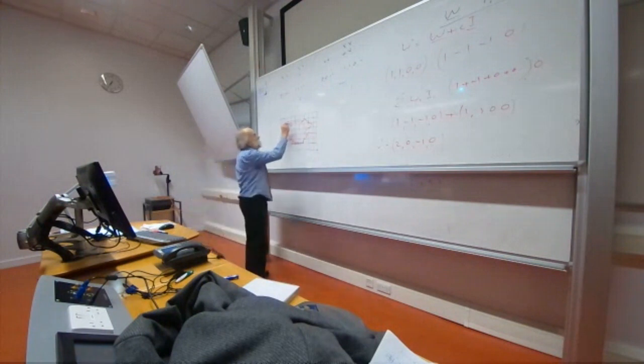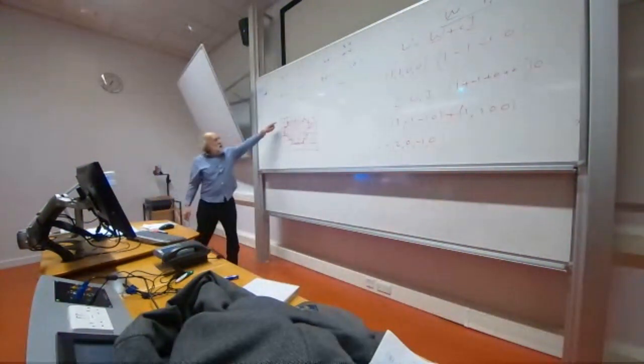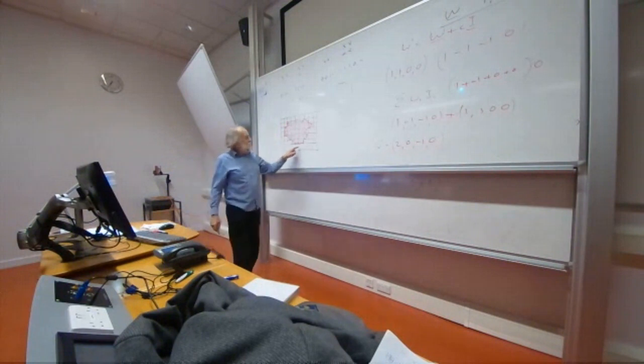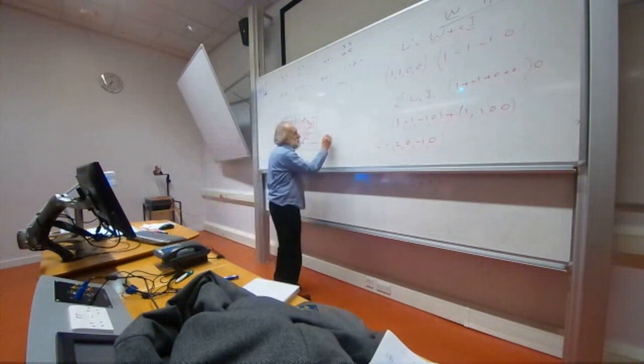Can you see that? That's supposed to be all covered in. If you store that image, how many bits would it need? 1, 2, 3, 4, 5, 6, 7. 1, 2, 3, 4, 5, 6, 7, 8, 9. 7 by 9, so 63 bits to store it.